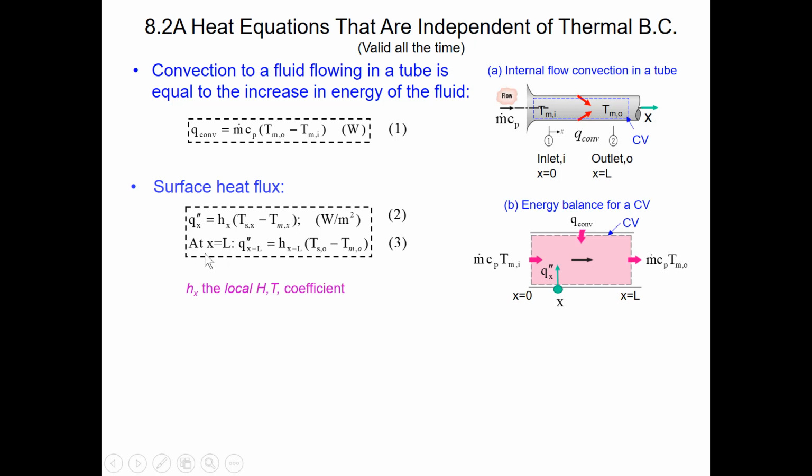For example, at the outlet of the tube, x equals L, the surface heat flux at the outlet is defined by the heat transfer coefficient and temperature difference, all the parameters at the outlet.